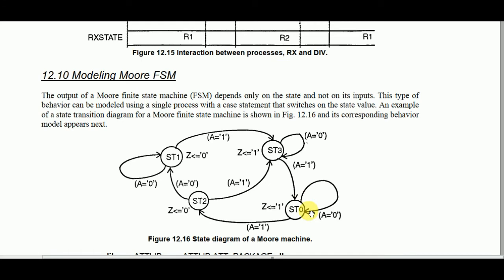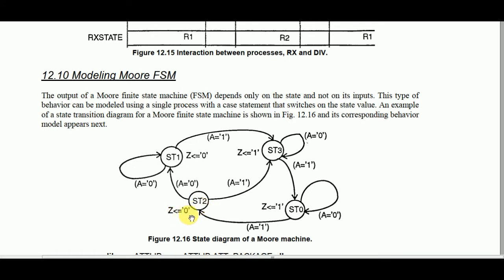If the value of A is equal to 1, that means if the input is 1, the machine will switch from state 0 to state 2. So in ST2, the value of Z is equal to 0.